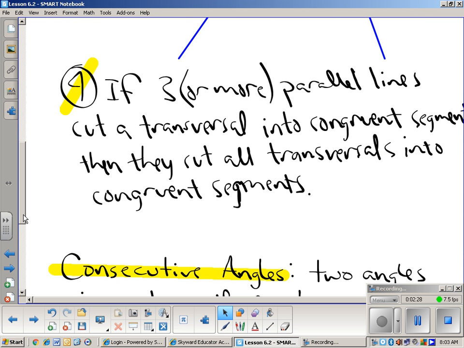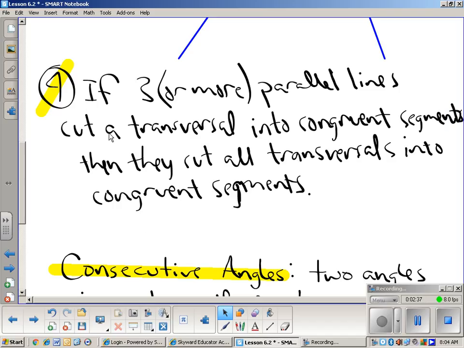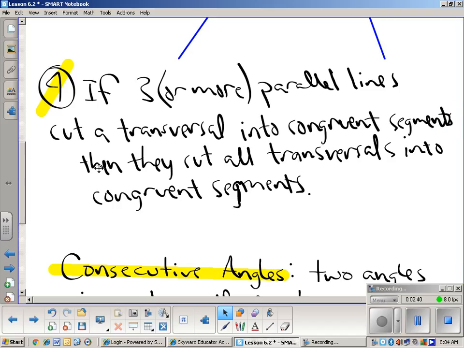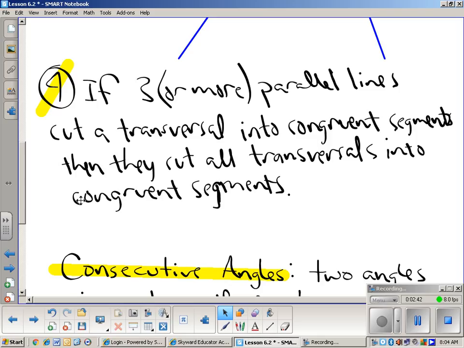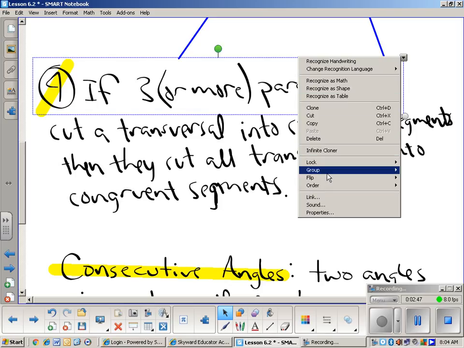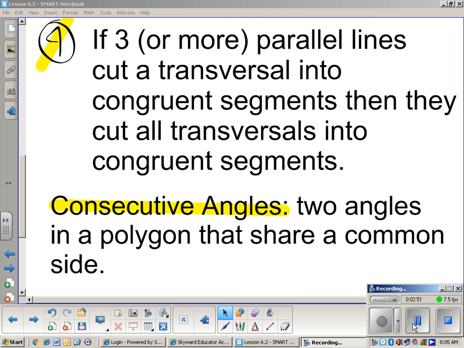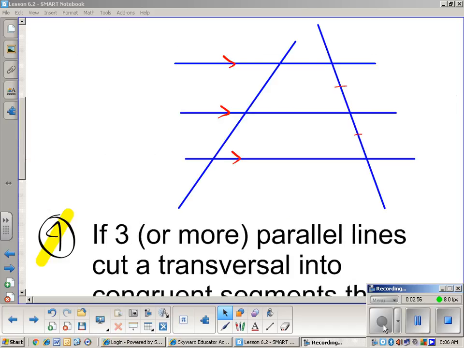And then there's a fourth one here. So what this theorem is saying, here I have three lines that are all marked parallel.